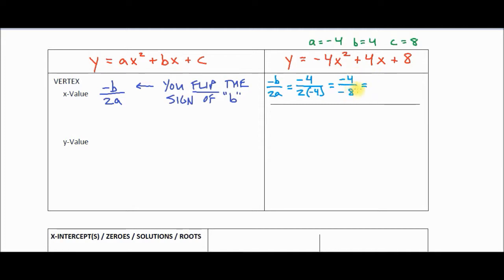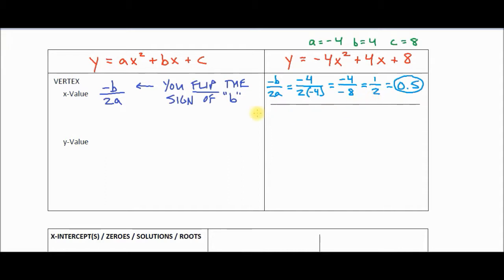We're going to end up with a positive value, and then we also have a common factor of 4 in each of these. It's going to end up being positive 1 over 2. If you put that in your calculator, I'll accept this answer as well, 0.5. So there is the x value of the vertex.